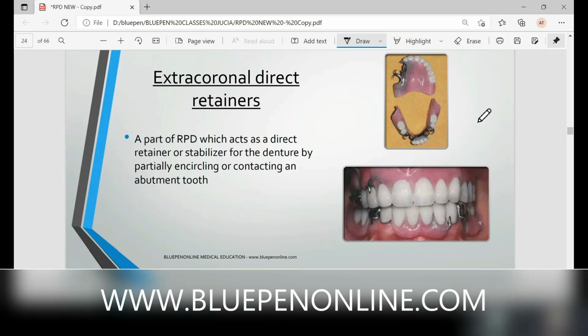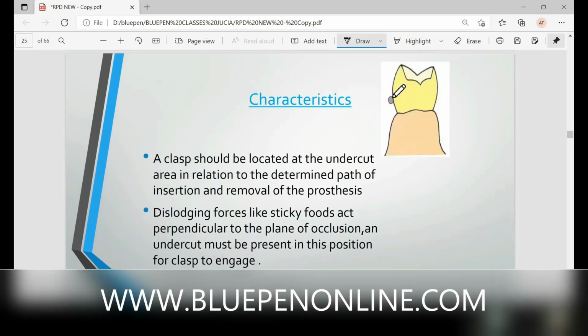As a whole, extracoronal direct retainers act like this: they will stabilize. This very small clasp is going to stabilize and retain the complete prosthesis. So that is the importance of these direct retainers. When we talk about the extracoronal direct retainer, the clasp is the most important thing here, and the clasp is the hero here.